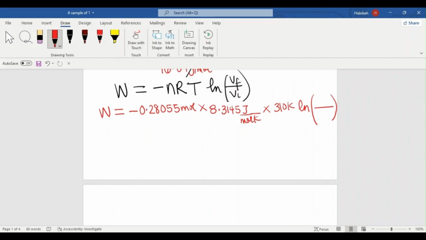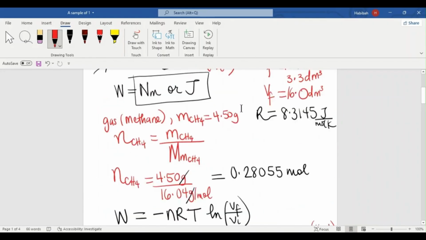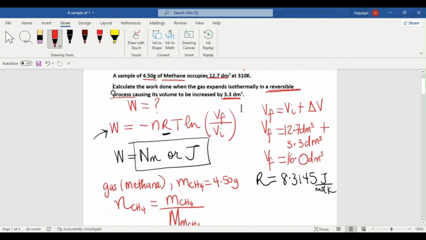V final is going to be 16.0 dm cubed divided by V initial, which is 12.7 dm cubed.